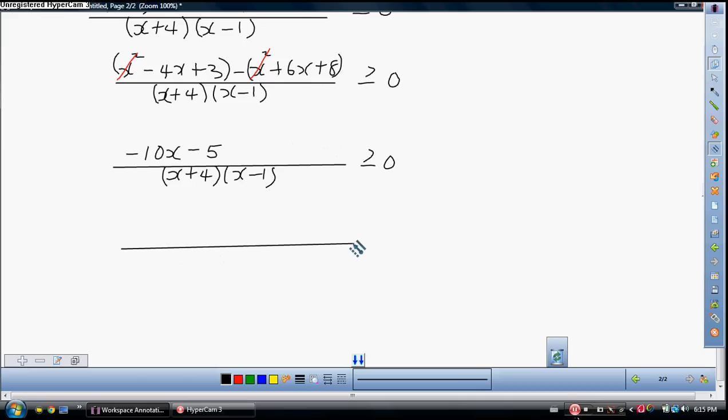I can factor my numerator and make it negative 5 times (2x plus 1), over (x plus 4)(x minus 1), greater than or equal to 0.